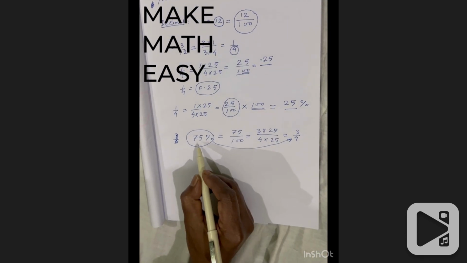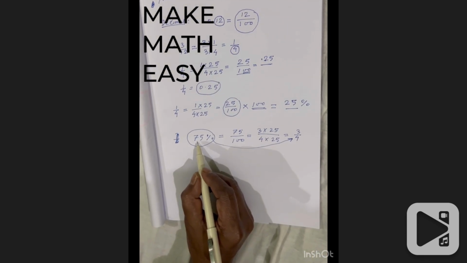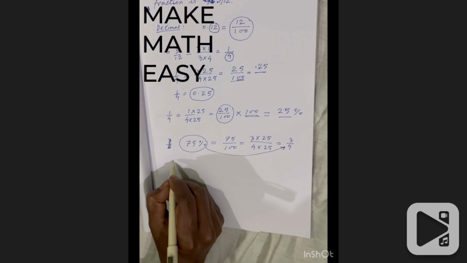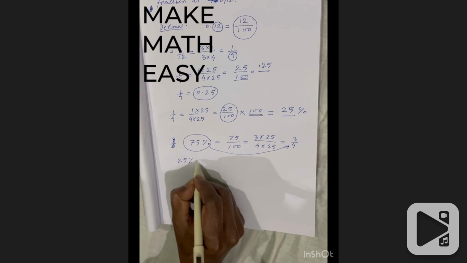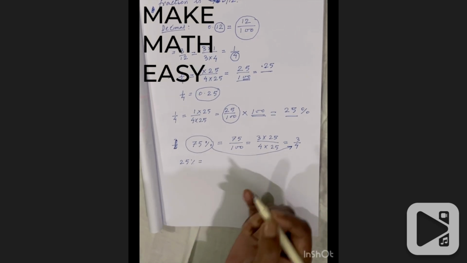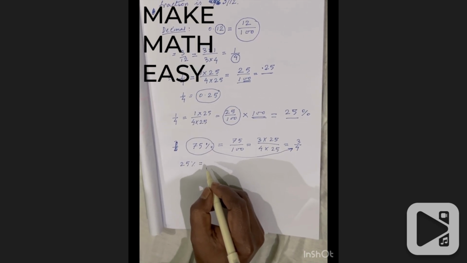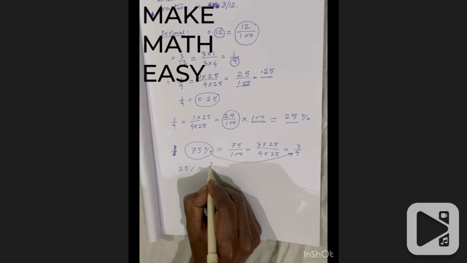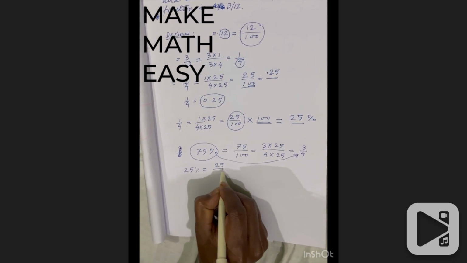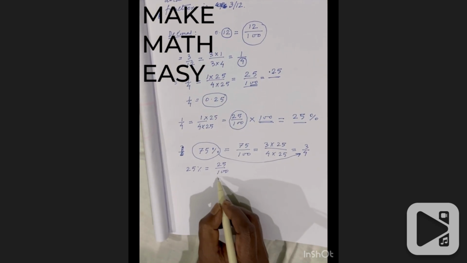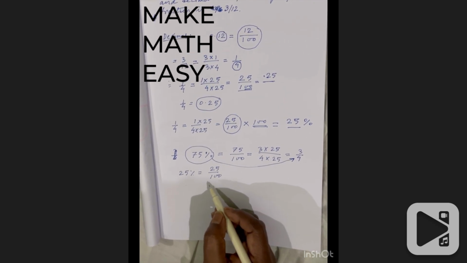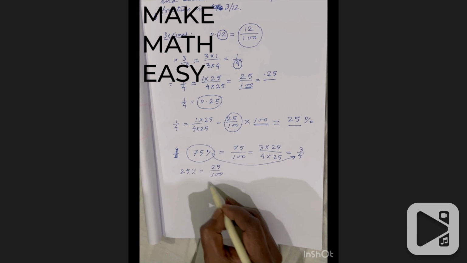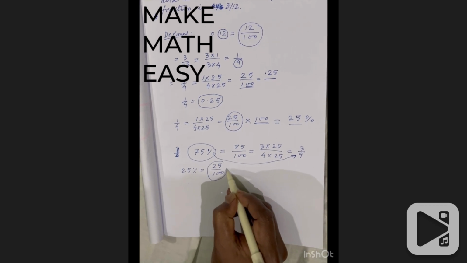Similarly, a percentage can be converted into a decimal. Take a percentage of 25%. First we will convert it into a fraction: 25 divided by 100. Now the denominator is 100, so we can directly convert this fraction into a decimal.